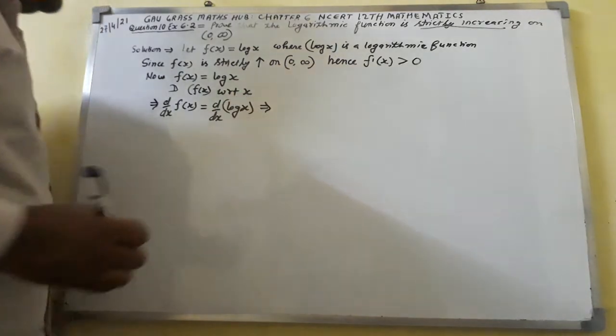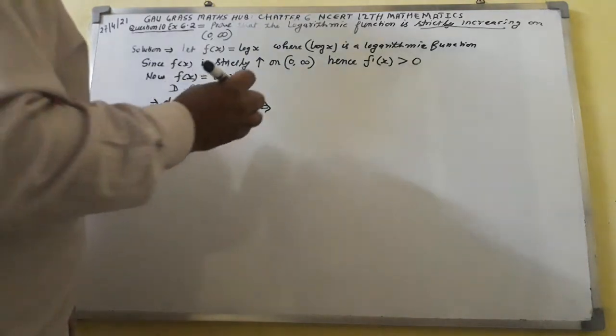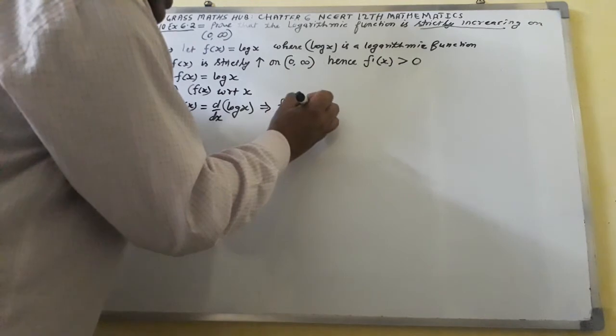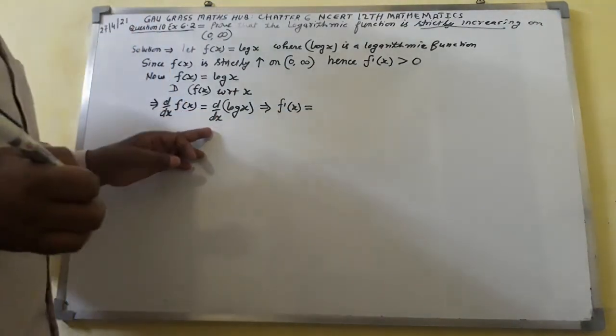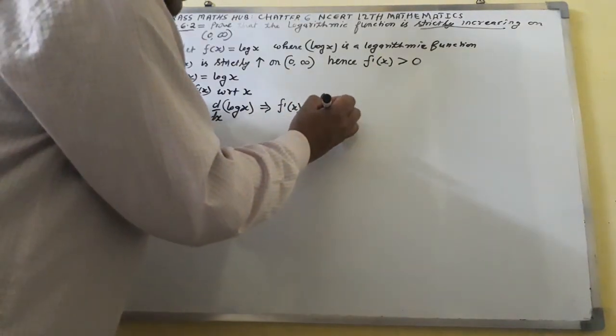Implied that d over dx of f of x comes out to be f dash of x equal to d over dx of log x, which comes out to be 1 over x.